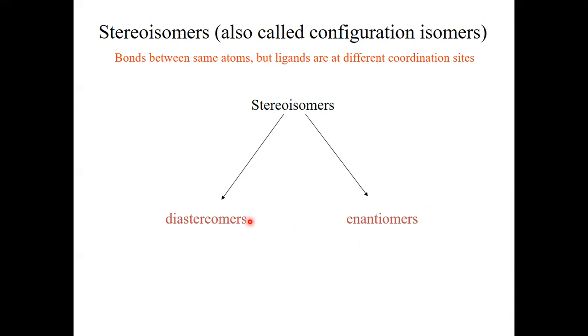Whereas diastereomerism is everything else, right? Which is not enantiomerism, so it just means that the two stereoisomers do not behave like mirror images of each other, but differ in other regards.